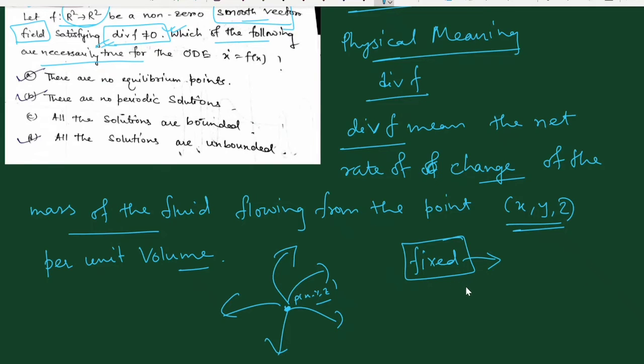If the fixed point is stable, then we say that the system is in equilibrium condition. So for that, we first find the fixed point. We equate f(x star) equal to 0. For x dot equal to f(x), we equate f(x) equal to 0 and find the fixed point x star, suppose.